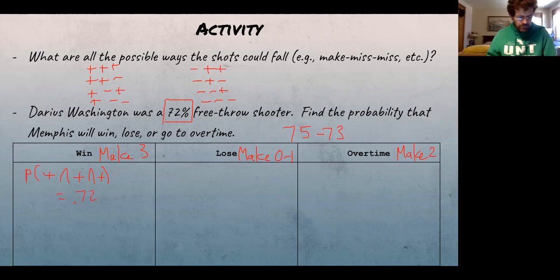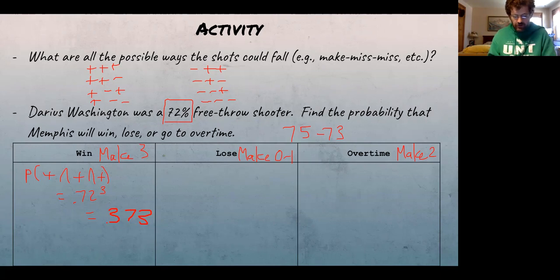I'll just put cubed. We're not going to spend long on these basic probability calculations. Go ahead and write in what that probability is. Okay, there it is, 0.373, very good.